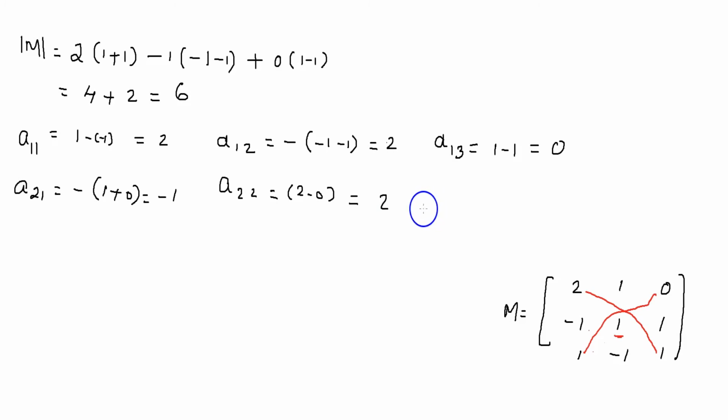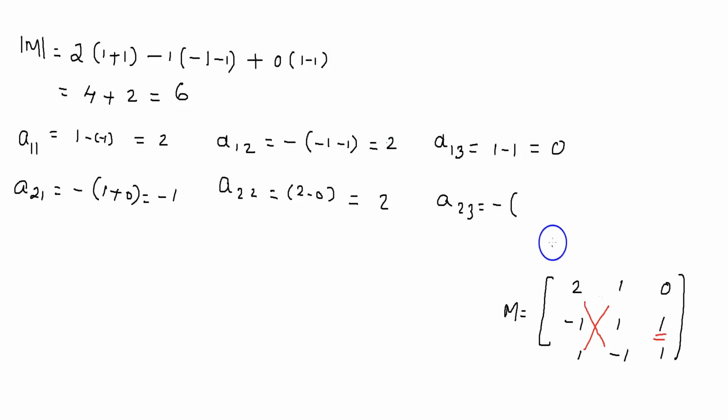Cofactor of A23 is negative of minor A23. Here minor of A23 is 2, 1, 1, minus 1.